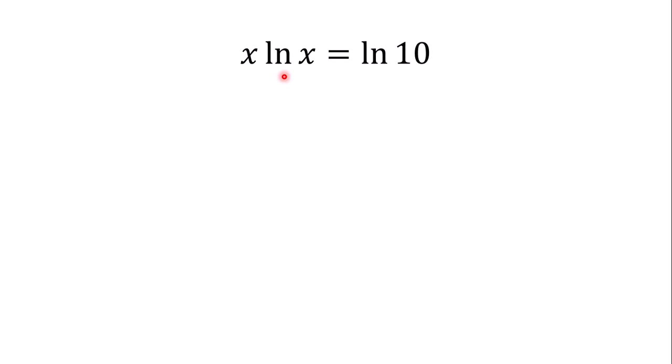Well, the motive of rewriting it is that to apply the approach, we have to get something like a times e to the power a, or b times e to the power b. So in general, if you want to use the Lambert W function approach, you have to get something times e to the power something.